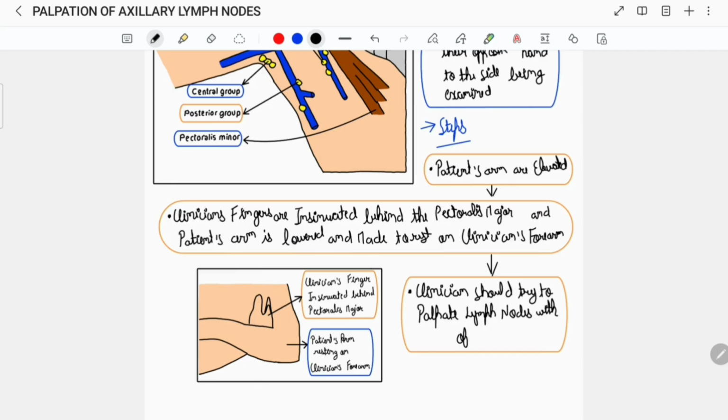After this, the clinician should try to palpate the lymph nodes with the pulp of the fingers, as you can see in this corresponding diagram.